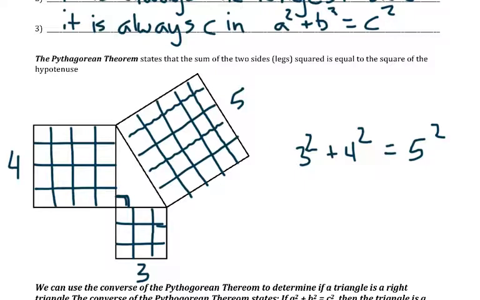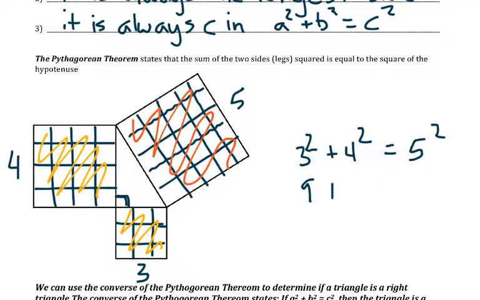So we're really saying visually that the area of this square plus the area of this square should equal the area of this square, because when we square a number, we're really looking at the area of a square that has a side length of that number. So back to our equation, 3 squared is 9, 4 squared is 16, and 5 squared is 25. And 9 plus 16 is 25, so that worked.